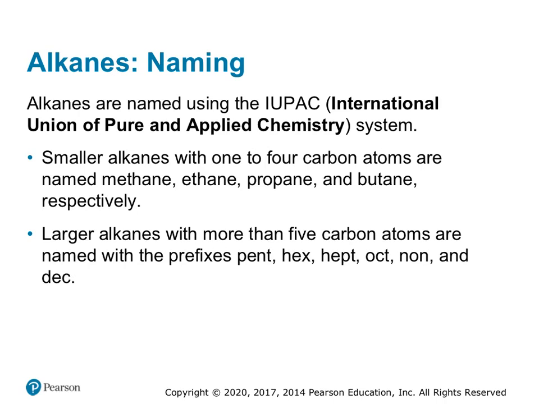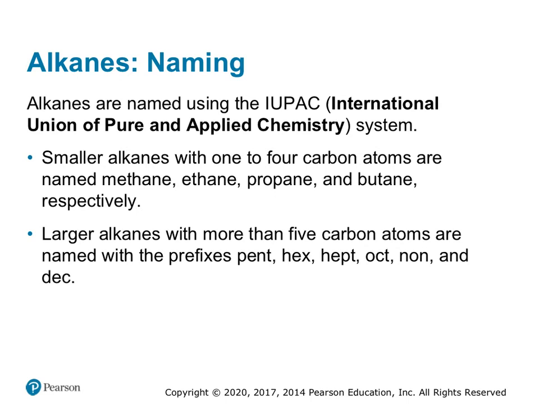The smaller alkanes are named methane, ethane, propane, and butane, with 1, 2, 3, and 4 carbons, respectively. And the naming system is named according to the IUPAC, the International Union of Pure and Applied Chemistry.